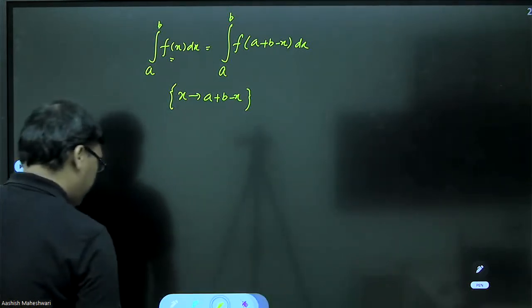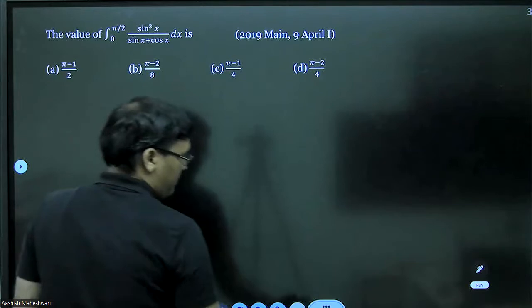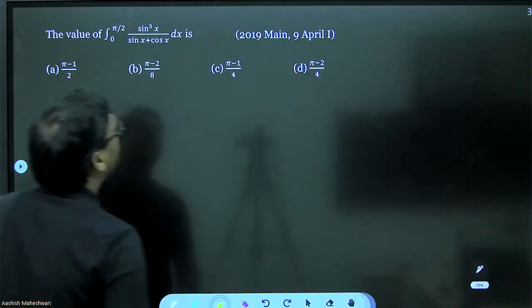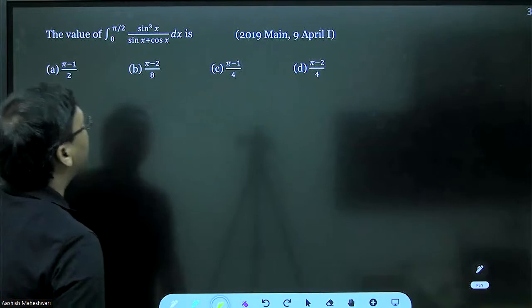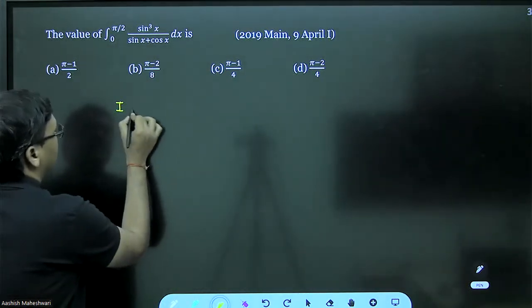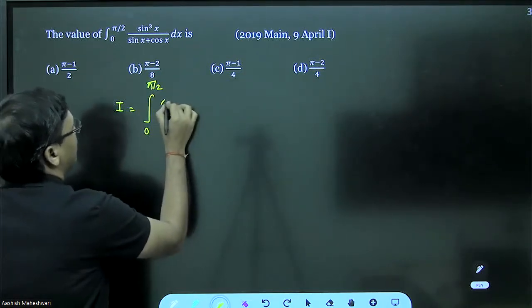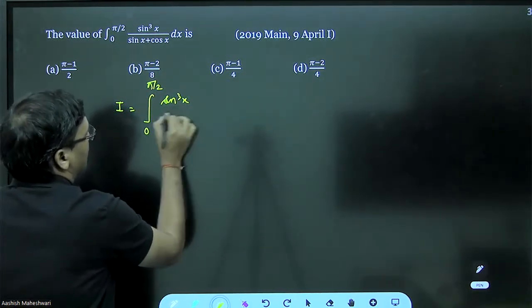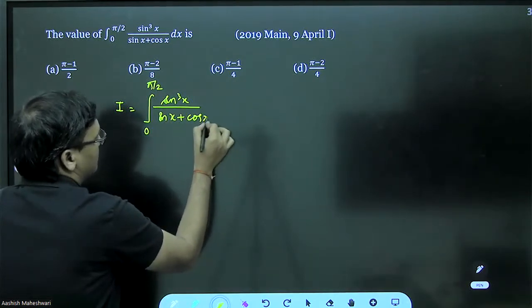See, the first question appeared in JEE Mains 2019, and it has also appeared earlier in JEE Advanced. You have to find this integral. Let's say this is integral I, equal to the integral from 0 to pi by 2 of sin cube x upon sin x plus cos x.